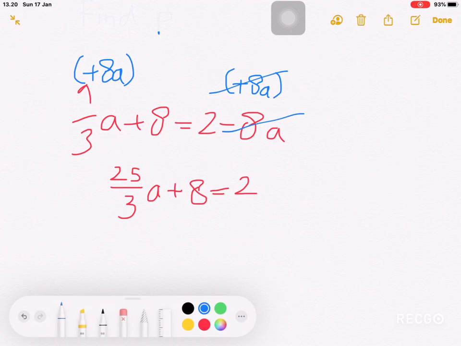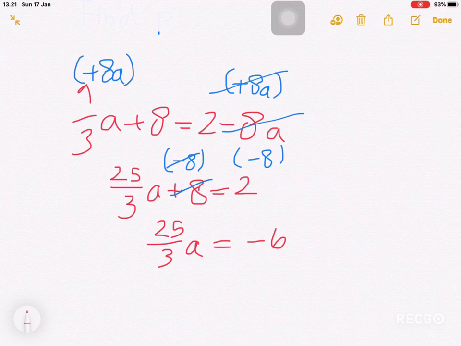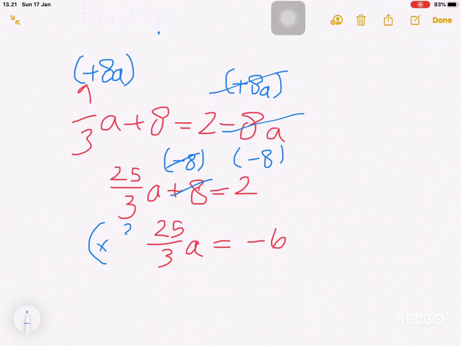And then we can just subtract 8 from both sides. We have 25 over 3a is equal to 2 minus 8, which is negative 6. And then we can just multiply by the reciprocal of the coefficient of a, which is this thing right here.